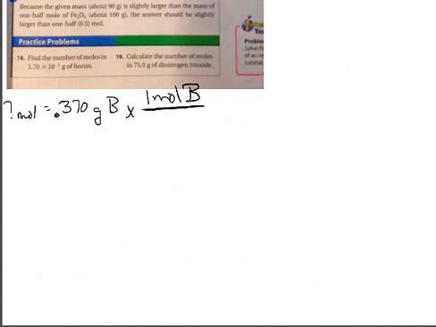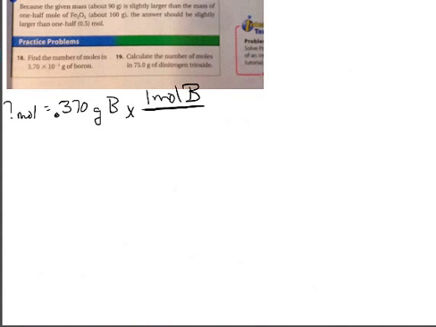Alright, so for 18, how many moles if I have 3.7 times 10 to the negative 1, how about we just write 0.370 grams of boron? What I need to know is how many grams of boron are in a mole.